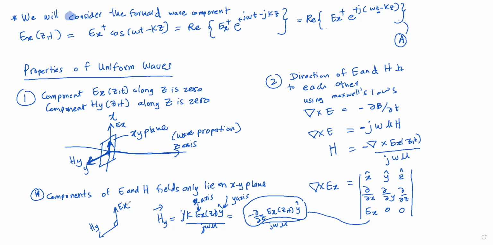However, we can do the same thing for the case where we have the component of E along the y direction. So if we have the component of electric field along the y direction, then we can show that a corresponding magnetic field component is along the x-axis.